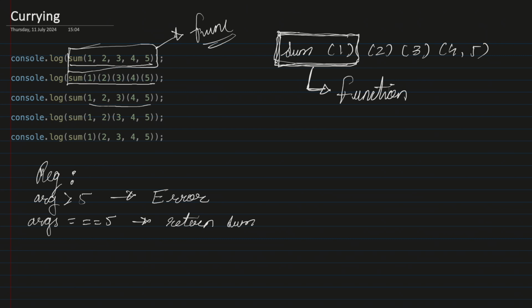Now let's assume this one: the return value of this should also be a function, because there is a set of parentheses after this too. But the return value of this last one is not a function, it's actually the sum. Sum means sum of arguments.